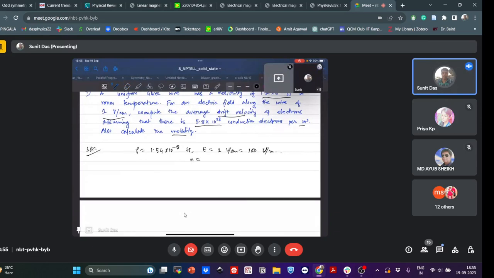Electron density or carrier concentration is 5.8 into 10 to the power 28 per meter cube.